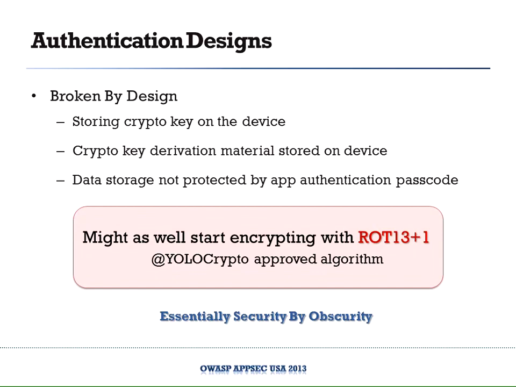In this scenario, why am I trying to break AES encryption if the real goal is to just reverse engineer the app, retrieve the key, and get going? Or bypass logic in the app: all right, you showed me a login screen, that's great, I'm just going to bypass that and use the app anyway.